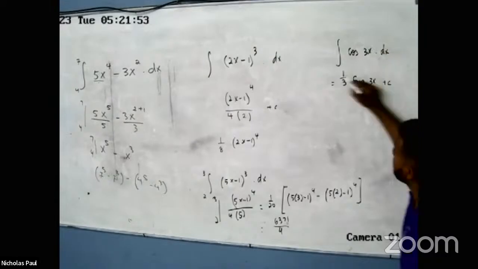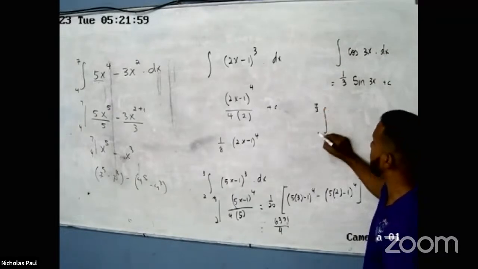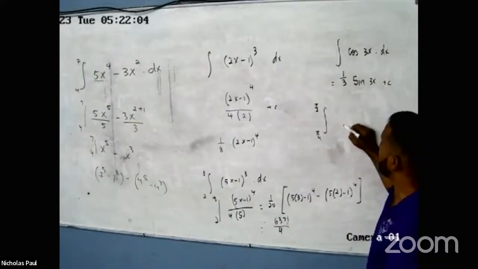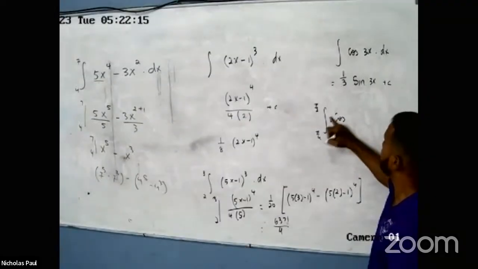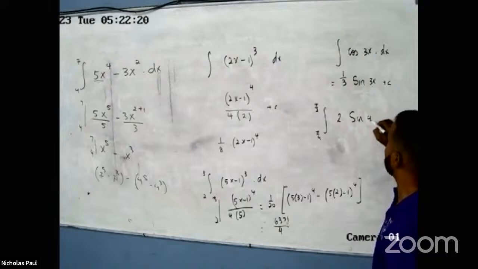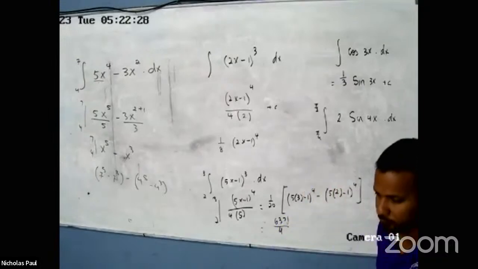Do me a favor, integrate this, and I'm giving you limits. Integrate between pi on 2 and pi on 4. Integrate 2 sine 4x between pi on 2 and pi on 4.